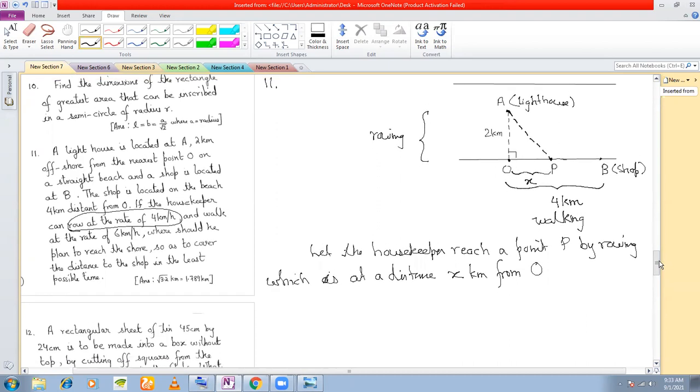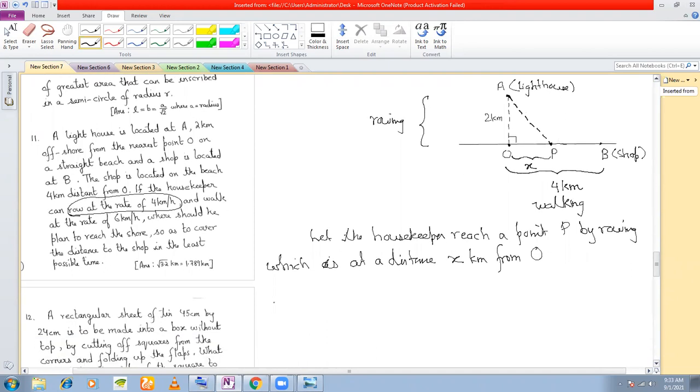What is the time required here from A to P? Time required to cover the distance AP: what is the speed of rowing? 4 km/h. Time required is distance by speed.